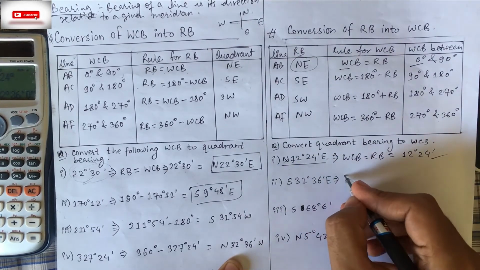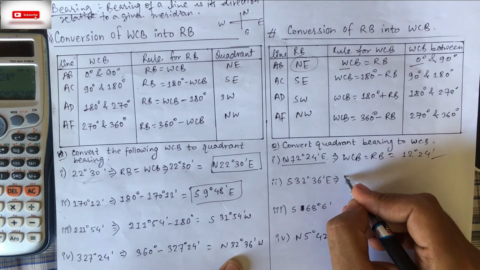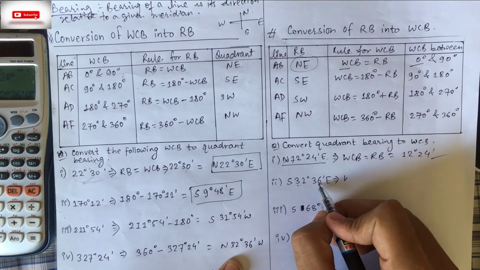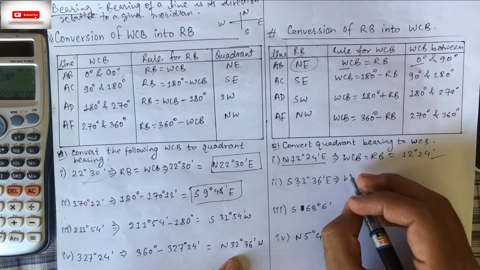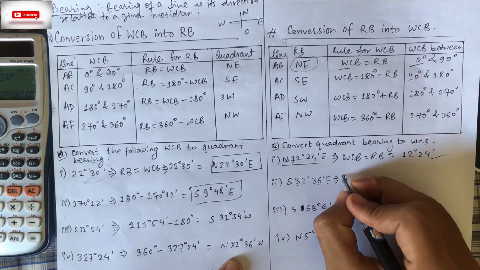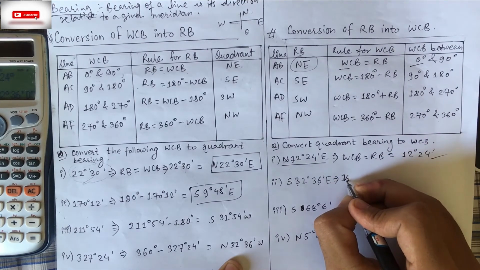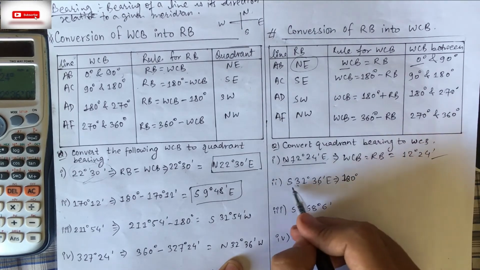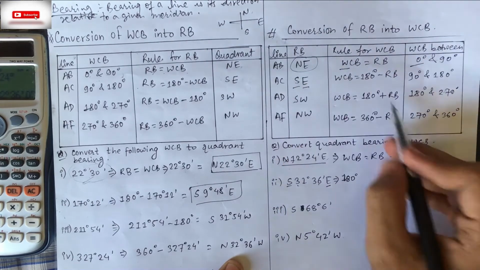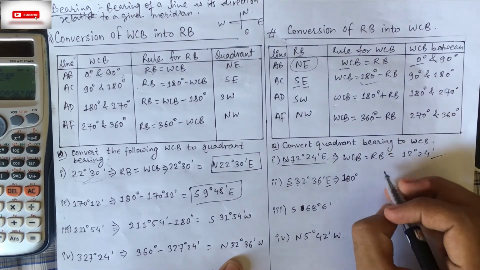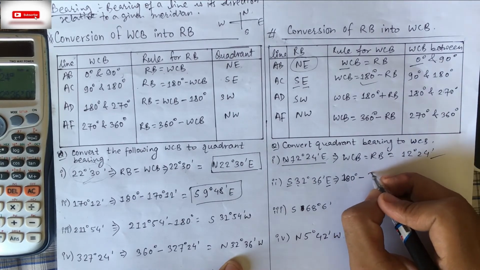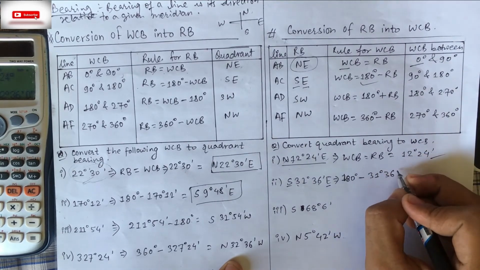For the second one, the RB is south 31 degree 36 minute east. Here it is given southeast, so we'll use this formula: 180 degree minus RB, where RB is 31 degree 36 minute.